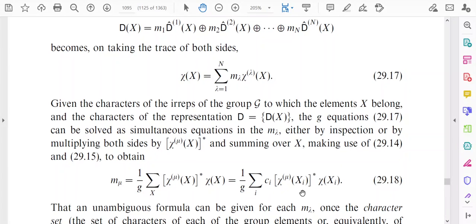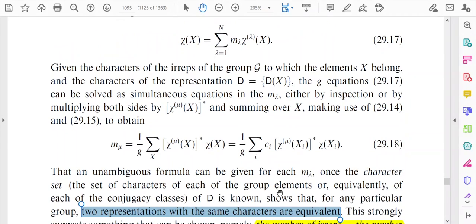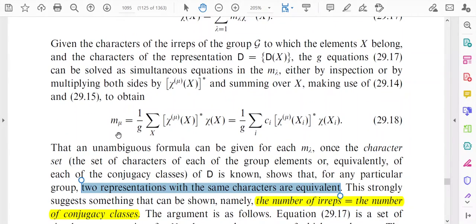Chi is the character for two different representations, written in product form, c_i is the number of elements for the particular class concerned, and mu is the number of the irreducible representation.